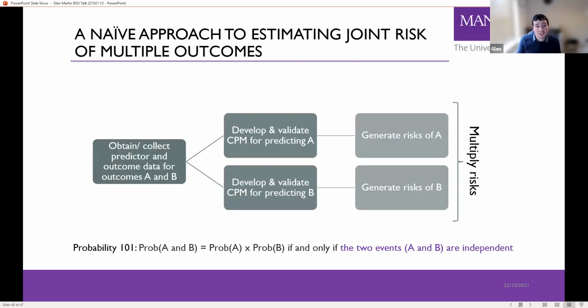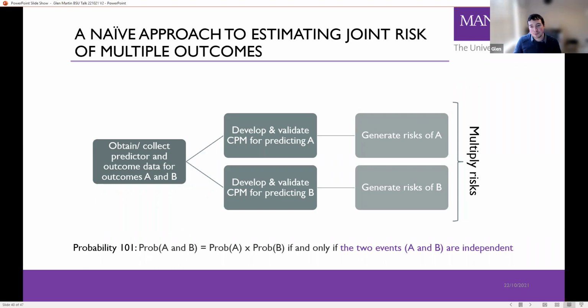The current state of play is that you'd get one model to predict one of the outcomes, another model to predict the other outcome, and multiply those two risks together to estimate the probability of them both happening. So for example, the probability of stroke and the probability of bleeding.